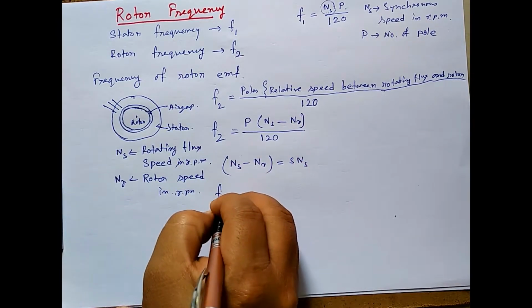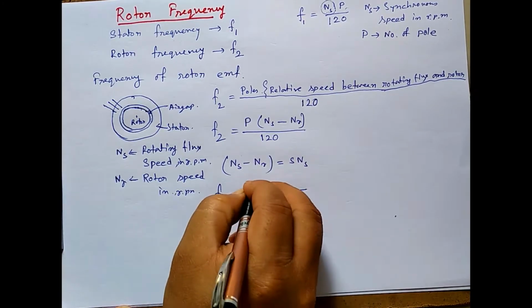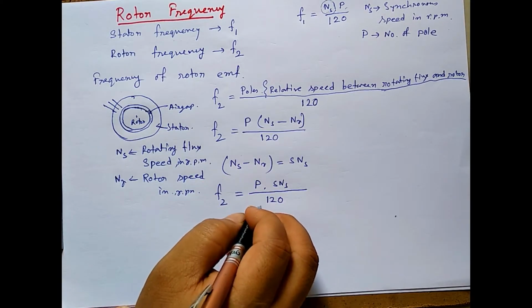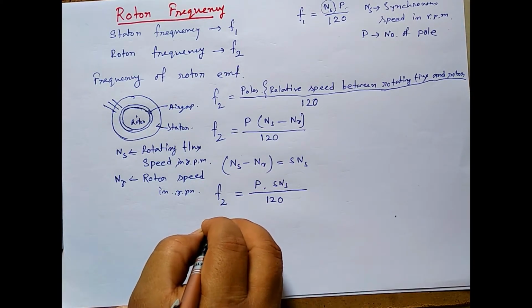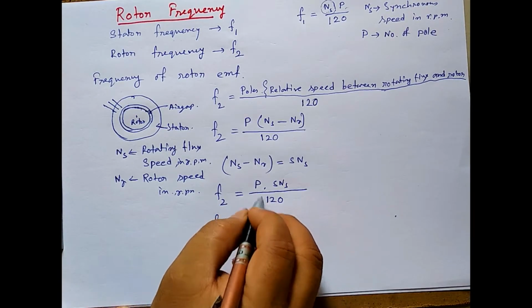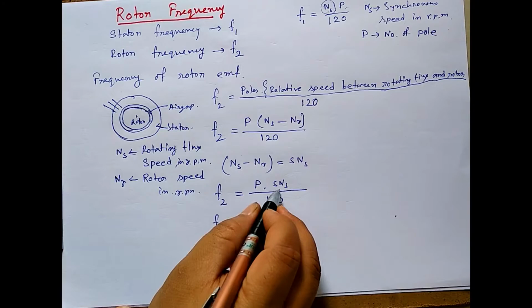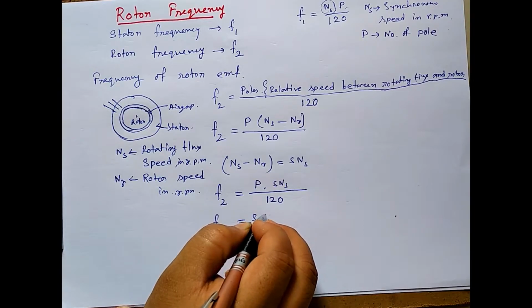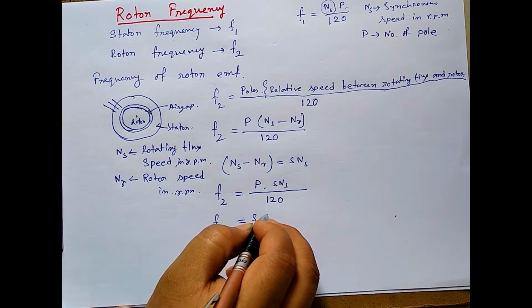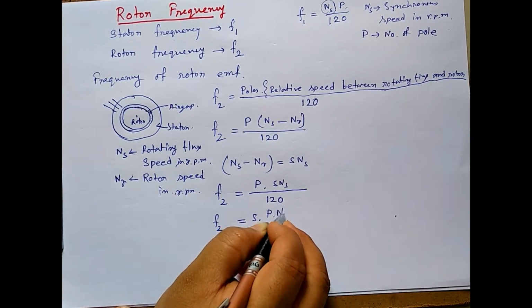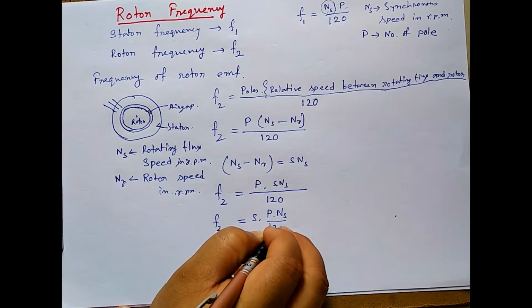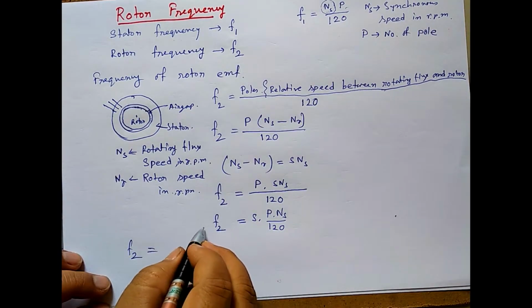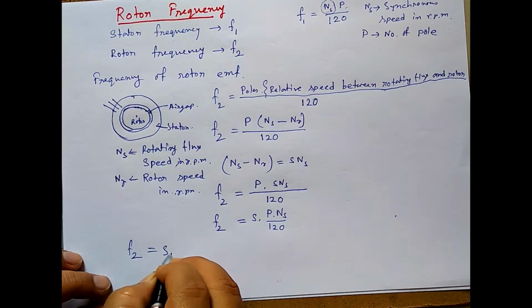So F2 equals P S Ns divided by 120, that is S into P Ns divided by 120.